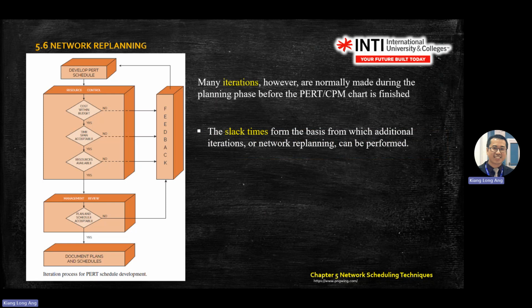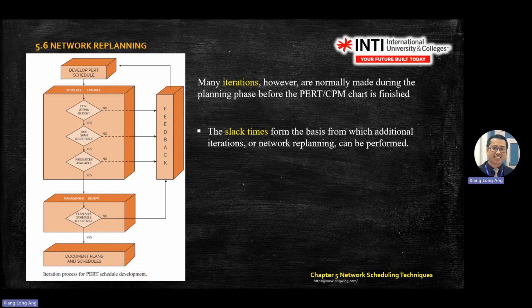Yeah, this one is schedule development. You go through a few processes. So you develop the schedule, then you go to resource, then you go to management review, then go to execution.